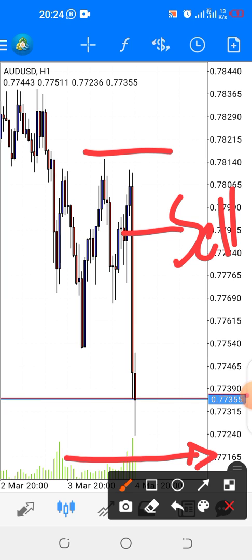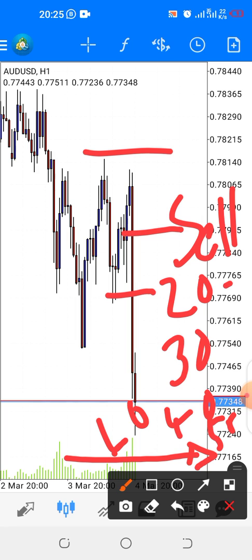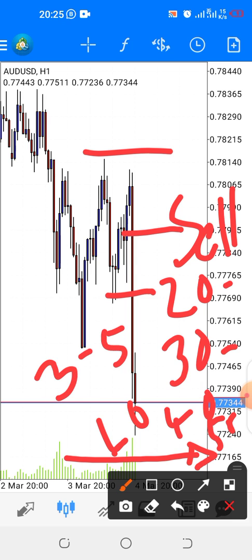So that's how it's going to be, but it's up to you to see that at 20, at 30, at 40, at 50 or 60, every time you reach this milestone, you lock 3 to 5 below or above, depending whether it's a sell or a buy. Okay, so that's what I wanted to share with you guys.